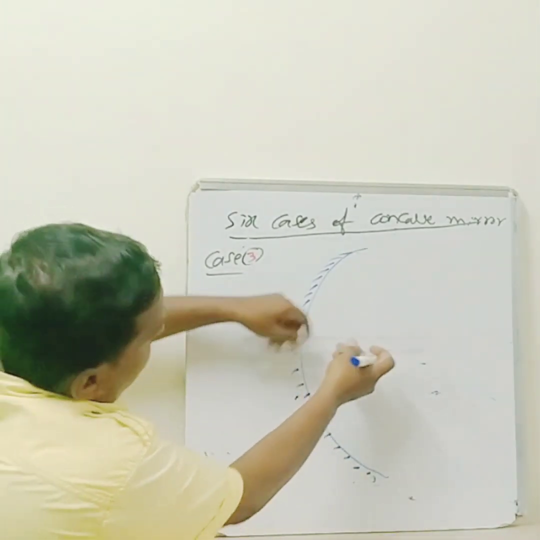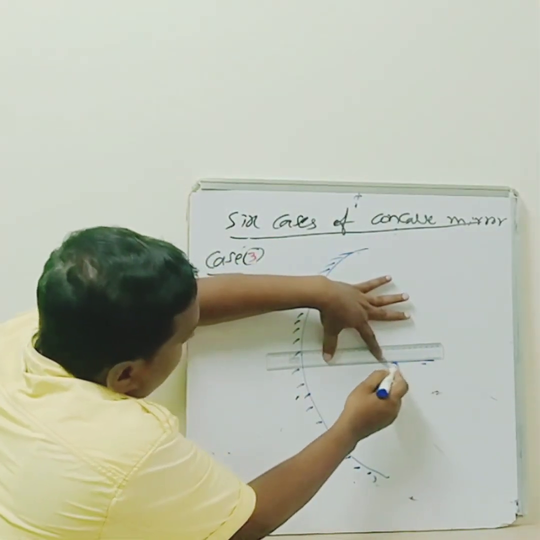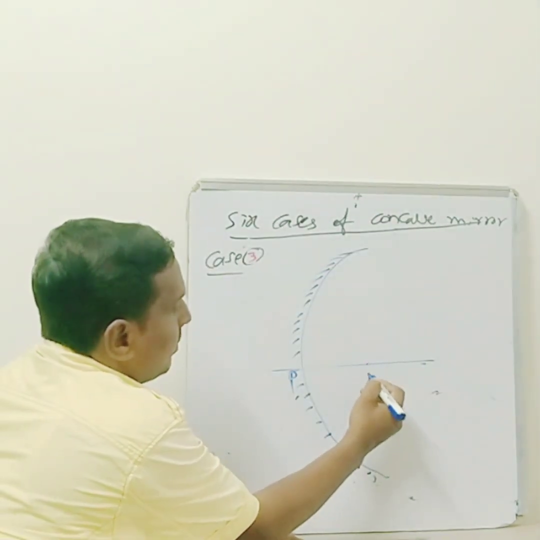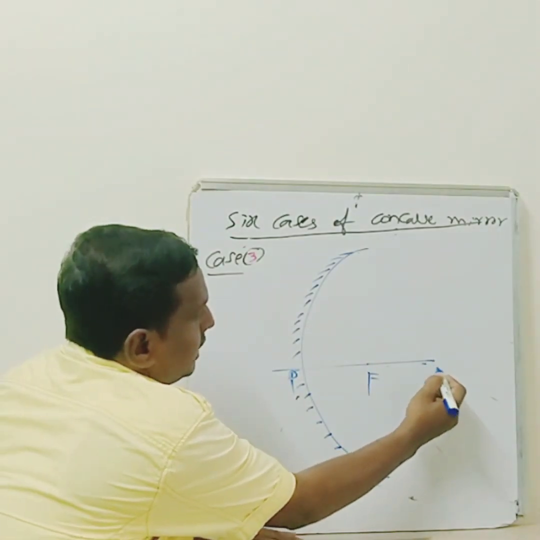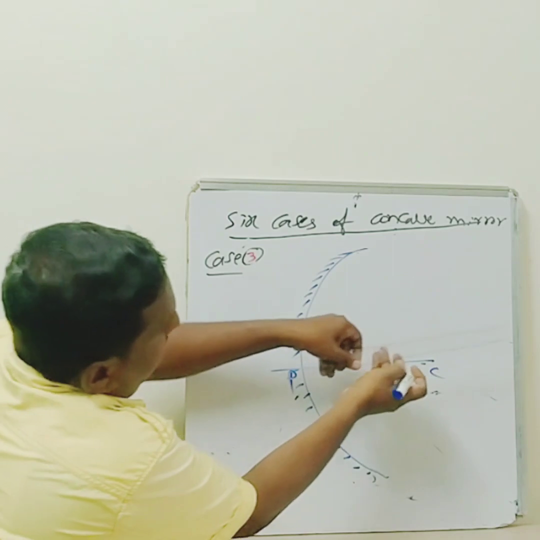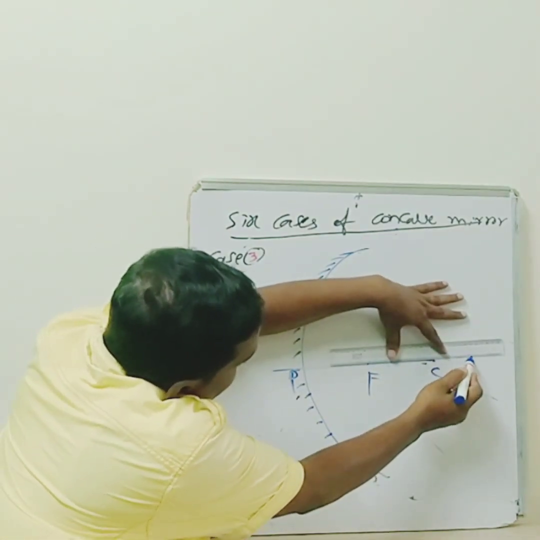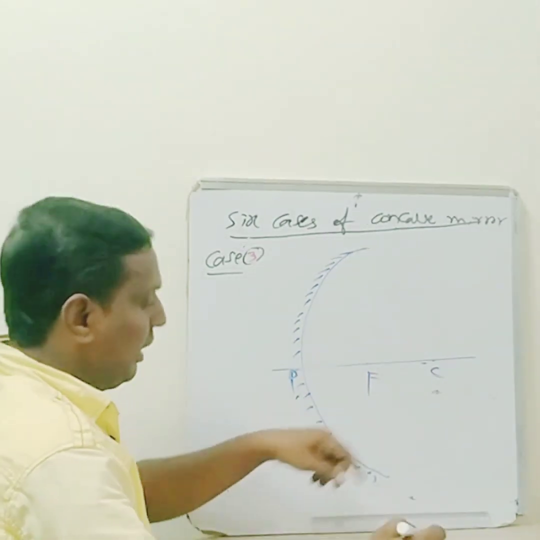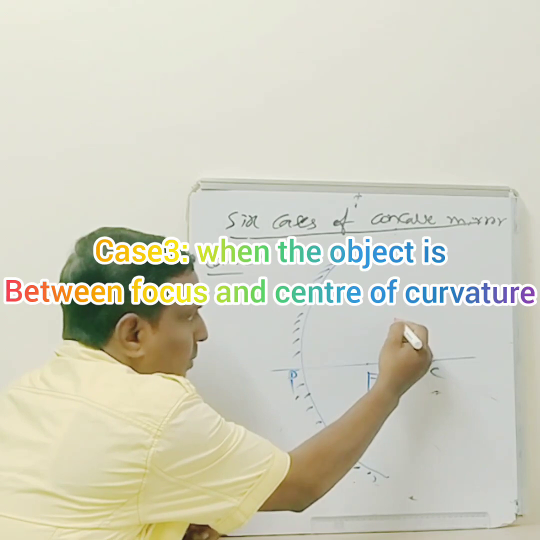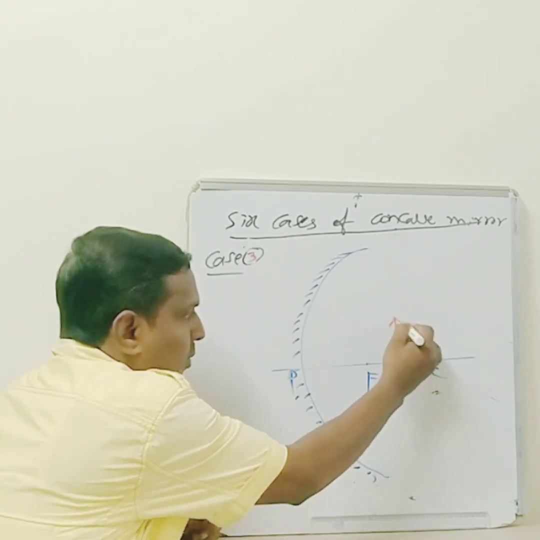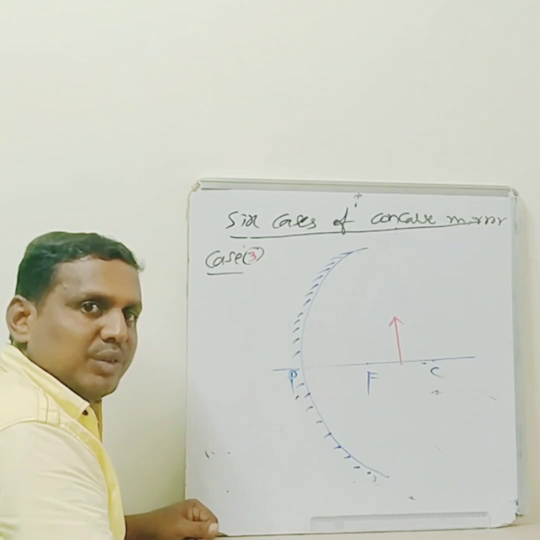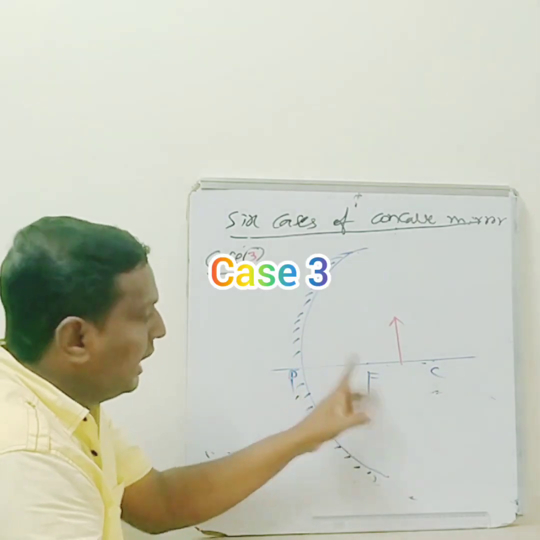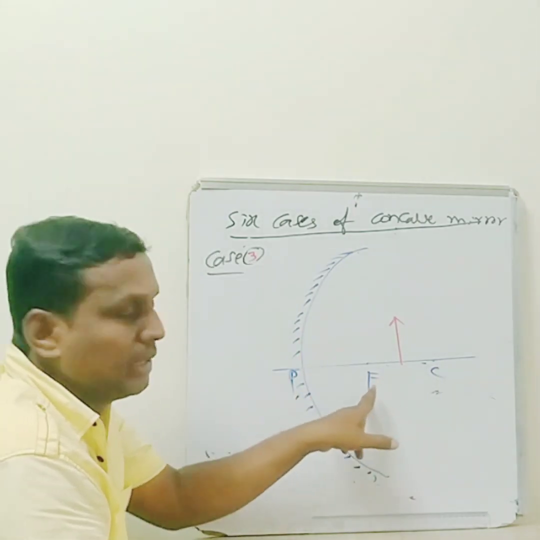Again, you take your principal axis, pole, focus, center of curvature. Now where is the object here? Between F and C. Be careful. This object is between F and C. Case 1 is between P and F, second case at F, third case between F and C.